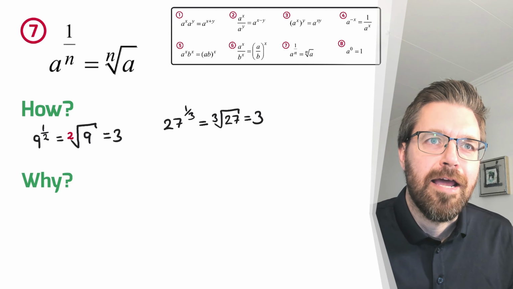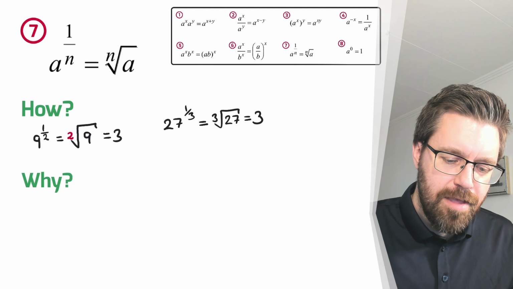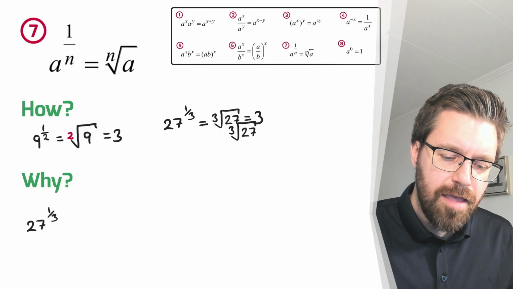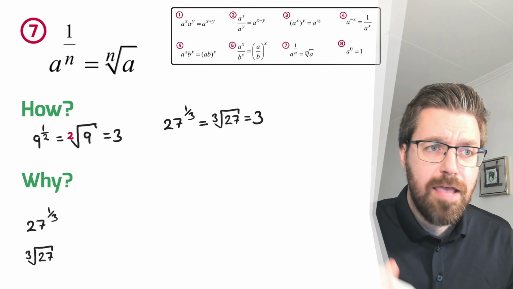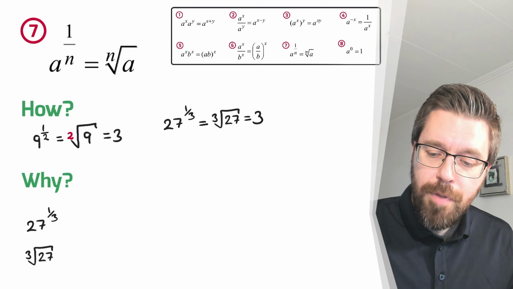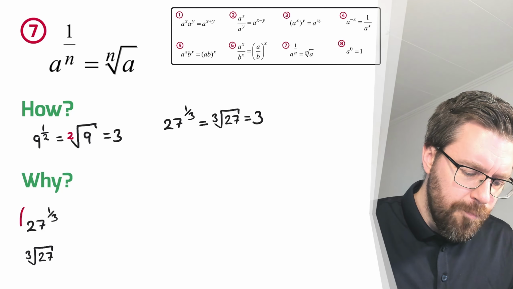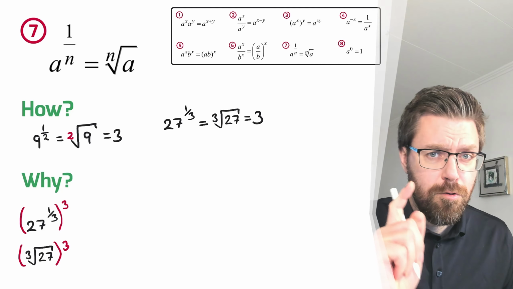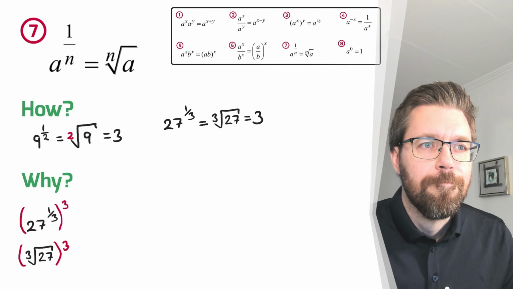And why is it like this? If you take this expression here and this expression here and assume that they are the same thing, then we can take both expressions and it still will be the same thing if you raised these expressions with 3, if we assume they are the same at the beginning.